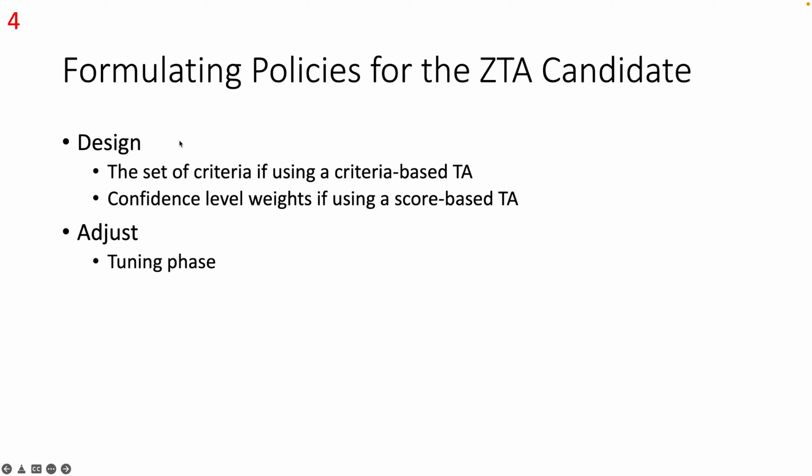An administrator determines the set of criteria if they are using a criteria based trust algorithm, or they need to determine the confidence level weights if they are using a score-based trust algorithm. Also, an administrator can adjust these criteria or values during the tuning phase.